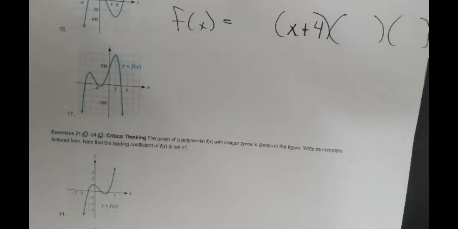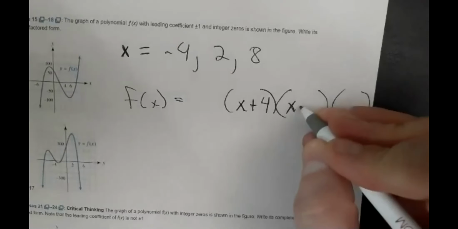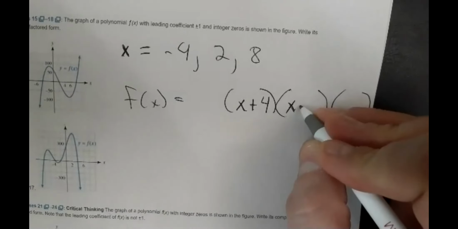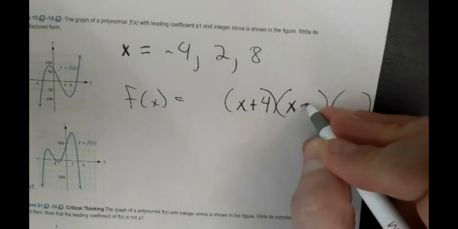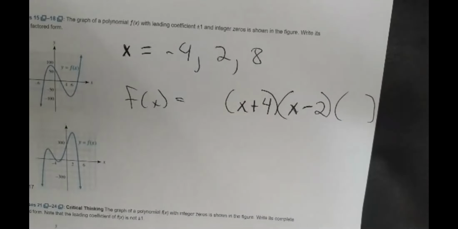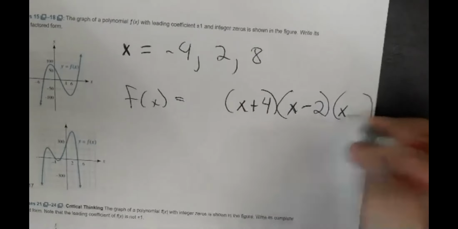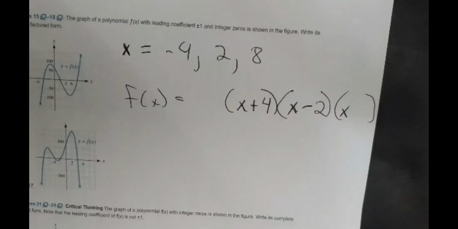Probably the big thing is, well, this is minus, this is plus, and if this is plus, guess what this has to be? Minus, sorry, I probably said it pretty quick. And the last one, I'll let y'all do this one. X -8. Yeah, that's it.